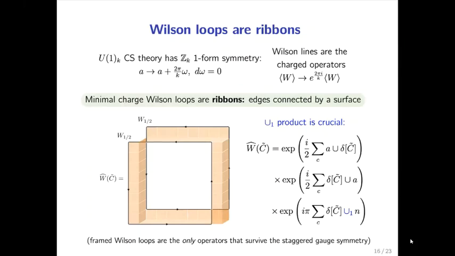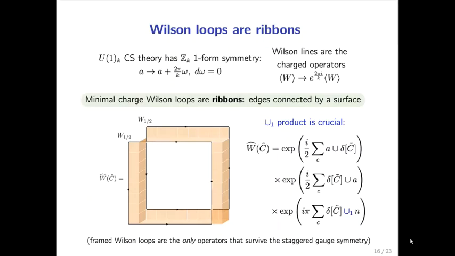Okay, so the way that this framed ribbon operator is constructed is the following. We actually choose a curve on the dual lattice, C tilde, and then we have two terms which produce these two Wilson loops. So this A cup delta of C tilde is basically just some delta function which localizes on the curve C tilde. And we take these two different orderings, which give us these slightly displaced Wilson loops. And then this surface, this strip, is provided by this term, which involves the cup 1 product of this delta function with the Milan variable.